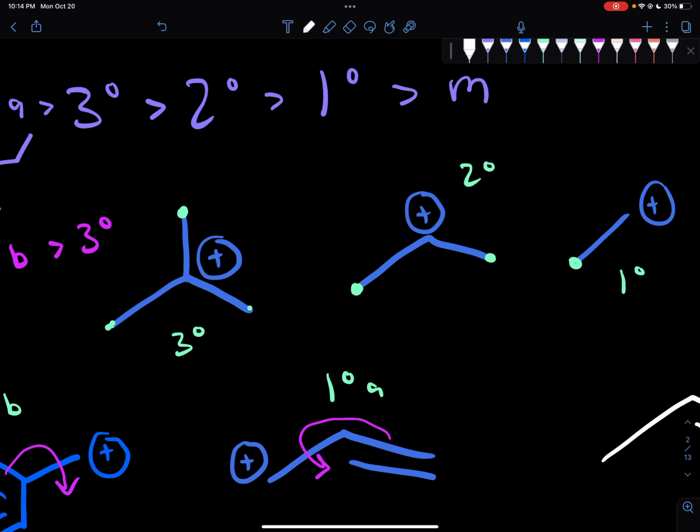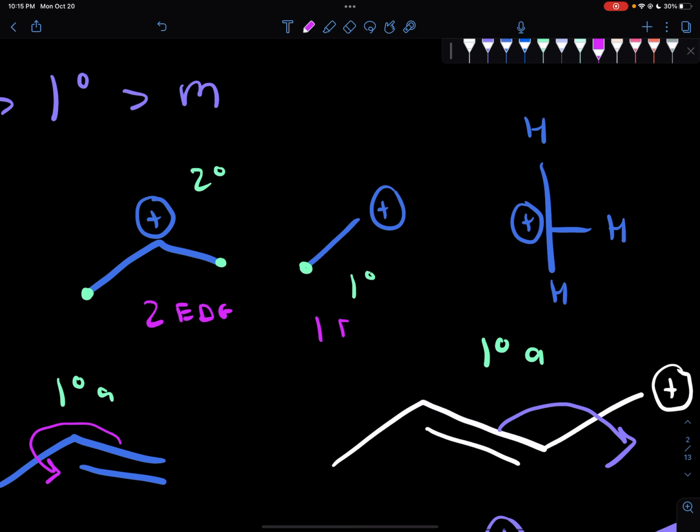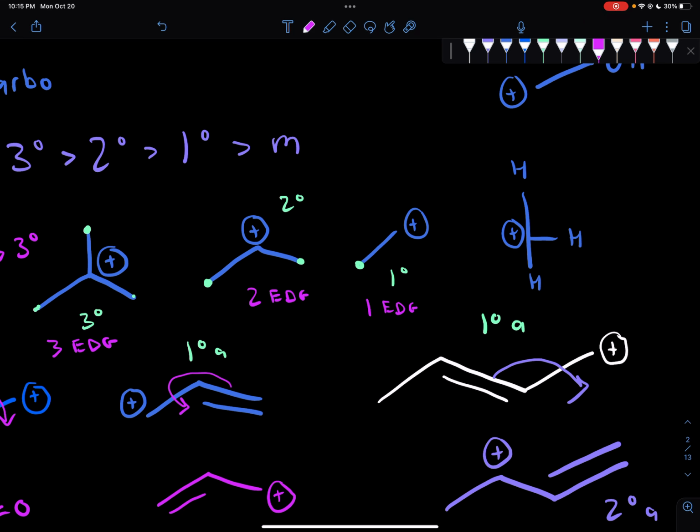As we talked about. So tertiary, it's called tertiary because it has 3 carbons, otherwise known as 3 electron donating groups. Secondary is 2 EDGs, and primary is 1 EDG, right? So the more electron donation, the better for carbocations.